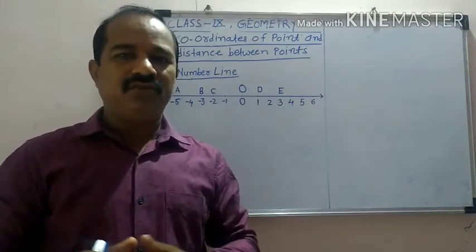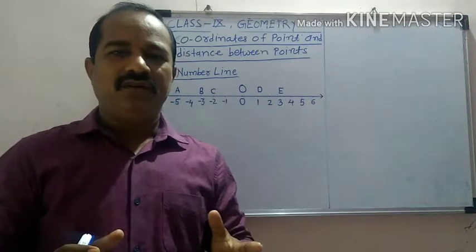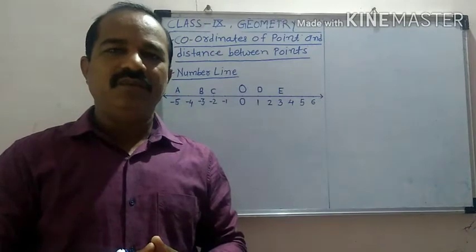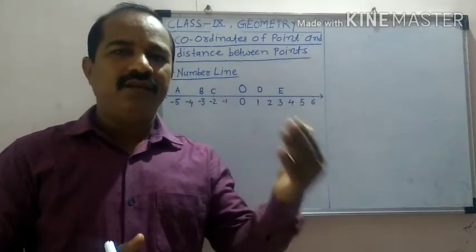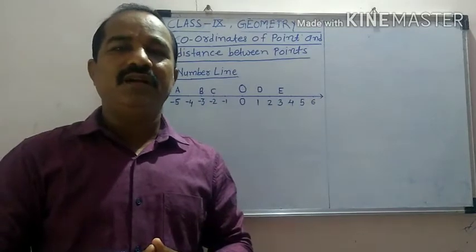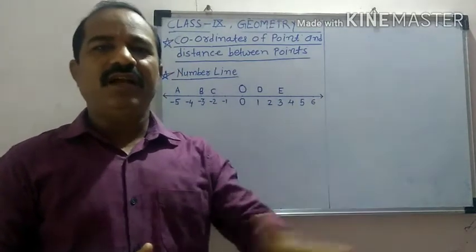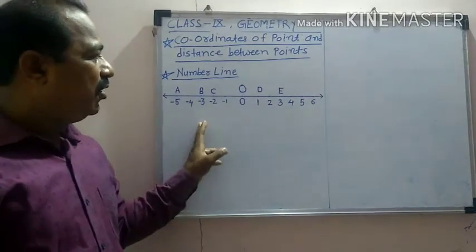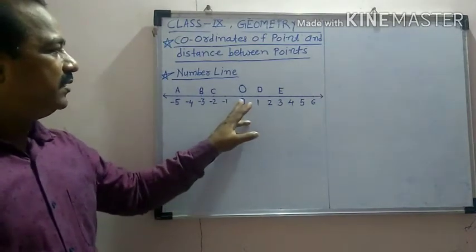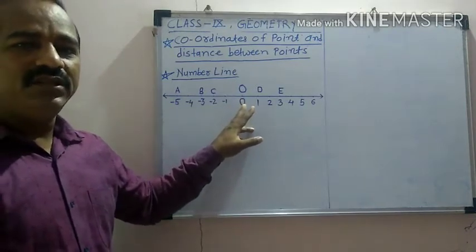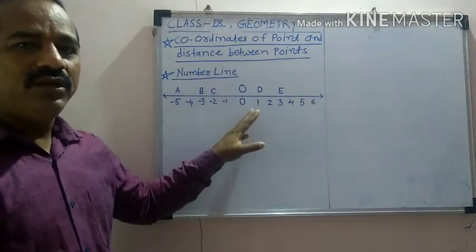A number line is not any other geometric figure. It is simply a line, and the line is formed by points, and the points on that line are denoted by numbers. Then that line is called the number line. Here is the line. On the line, you see that there is a 0 at the center. That is called the origin.